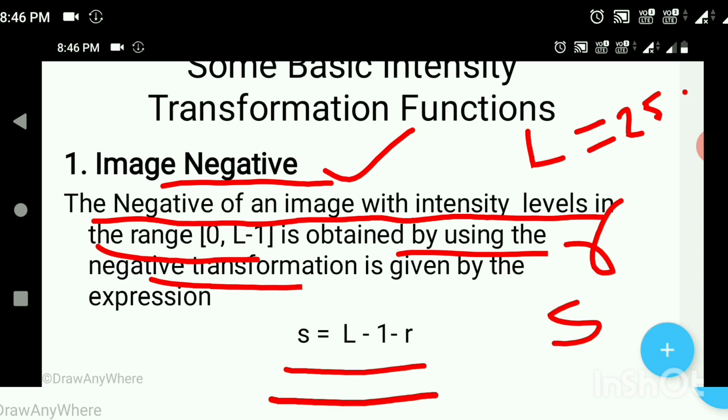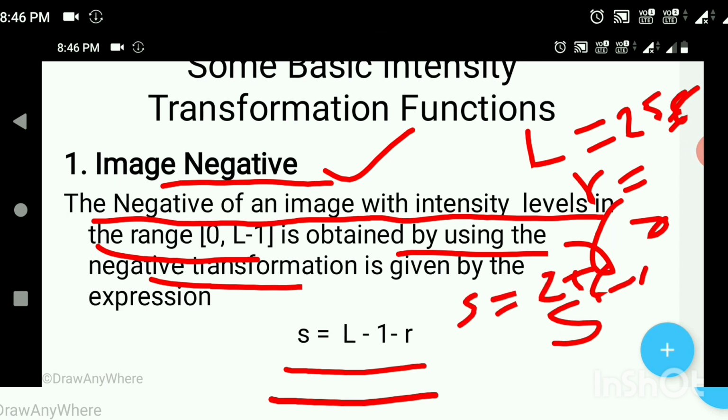If you take R equal to 0, then S is equal to 256 minus 1 minus 0, it is 255.